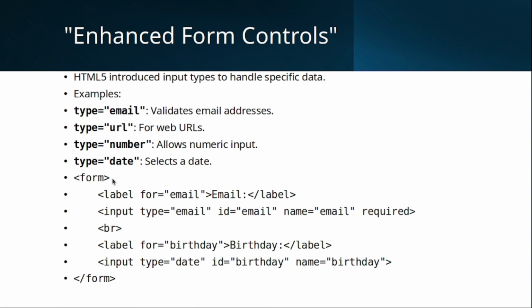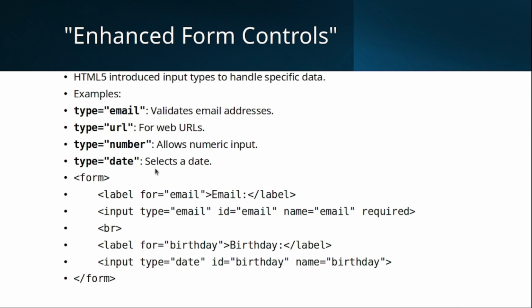So we have a form, as we can see here in an example, and we have a label, right? And after that, we have an input, whose type is email. It means it validates the email address. For example, if you do not write an email, and instead just write text, it says no, you're writing text, you have to write an email.